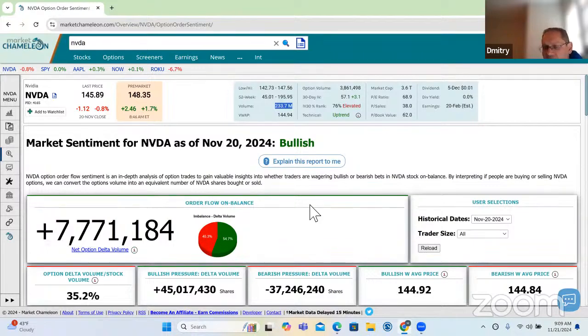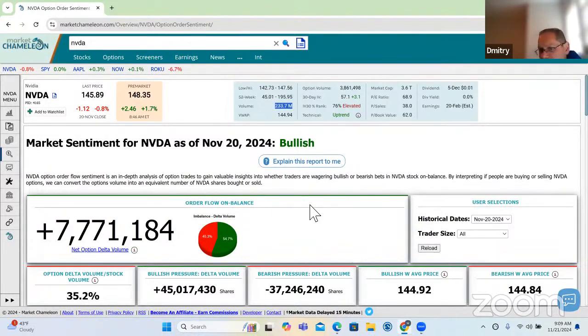And this gives us an idea how active the options markets are on a relative basis to the stock volume. Is half the volume in the options in terms of delta, relative to the stock volume, or is it 80% or so forth? Or it could be very little. It could be like 1%, which means the option deltas are not that significant in the overall scheme of things.